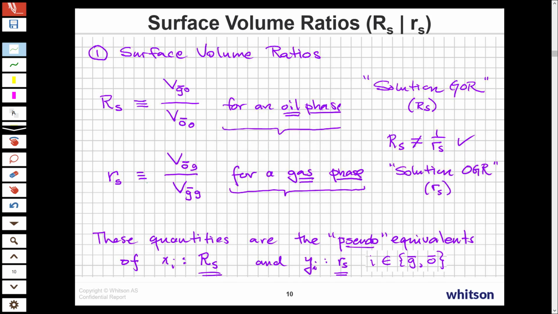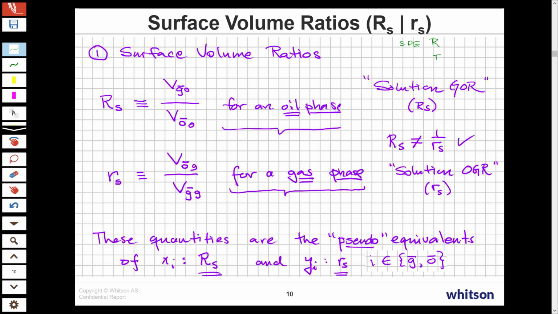We've already gone through these definitions. Now, the SBE nomenclature for capital R is gas-oil ratio, and little r is oil-gas ratio. But you have to be careful because in this case, the solution gas-oil ratio is not equal to 1 over the solution oil-gas ratio.